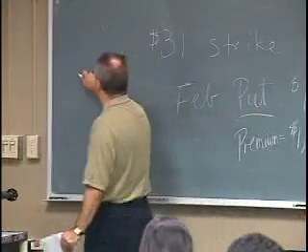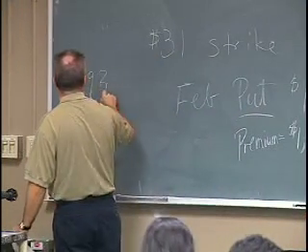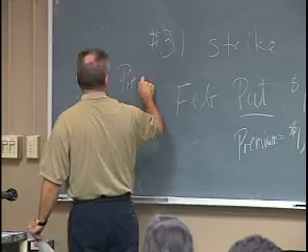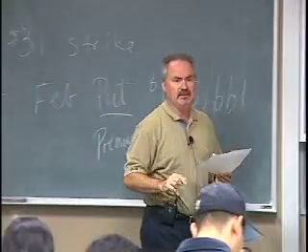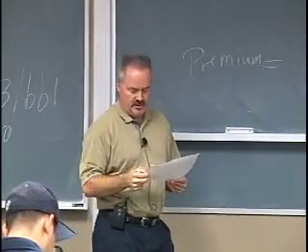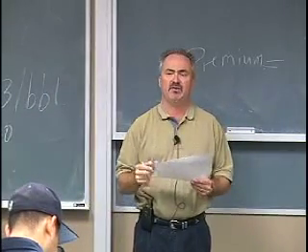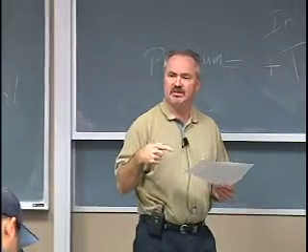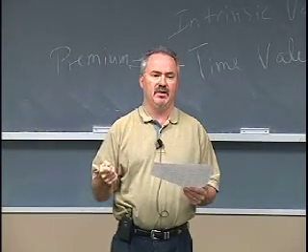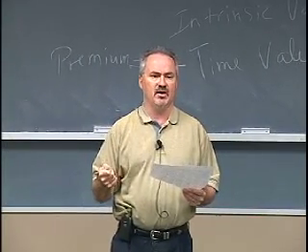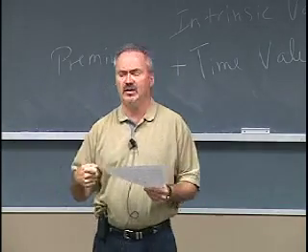So we see that the premium is 1.93. The strike is 31. The futures are 30.50. So if you bought that put today and then exercised it, you'd be given a short position at $31. You could reverse it at $30.50.